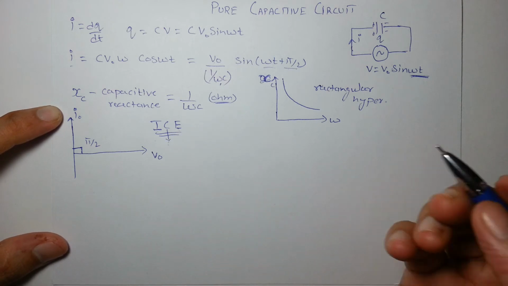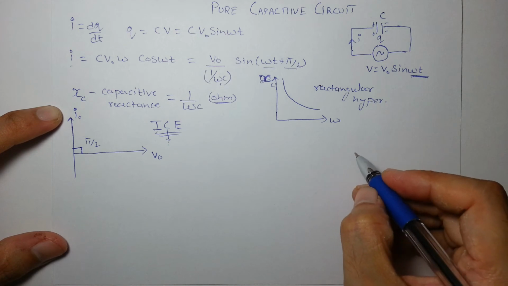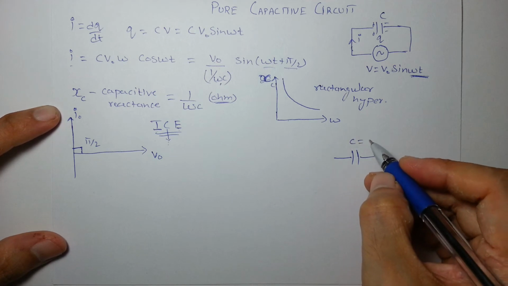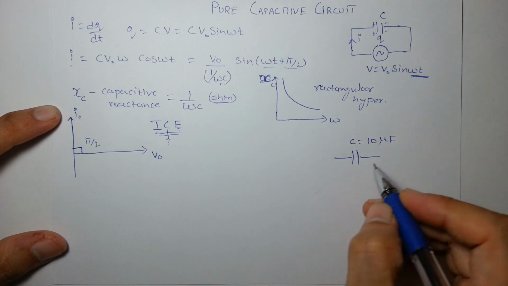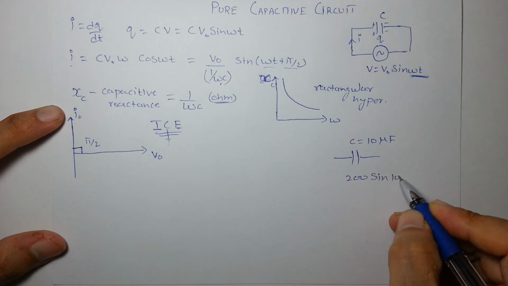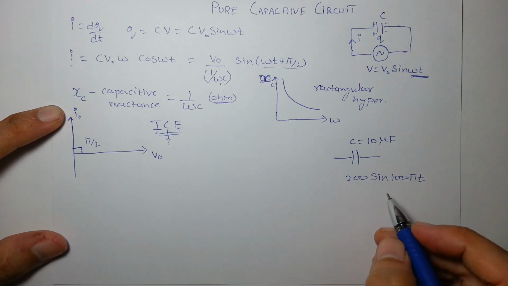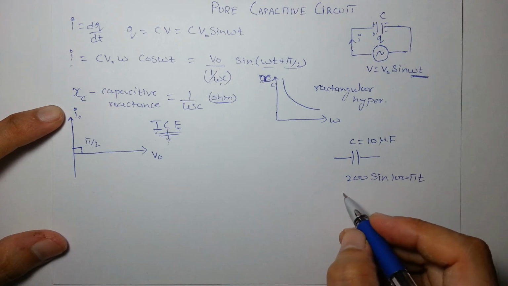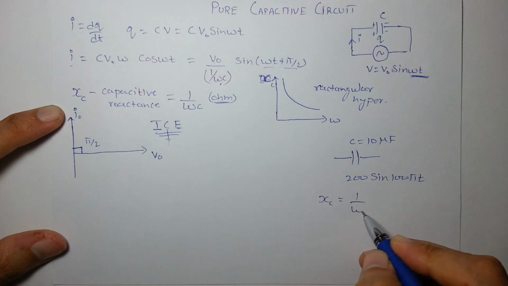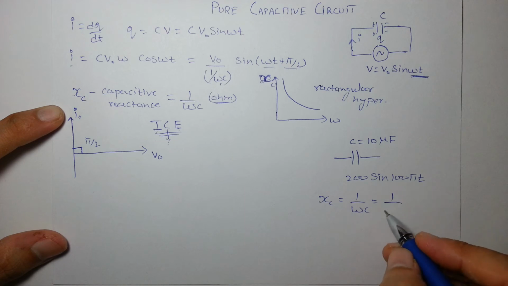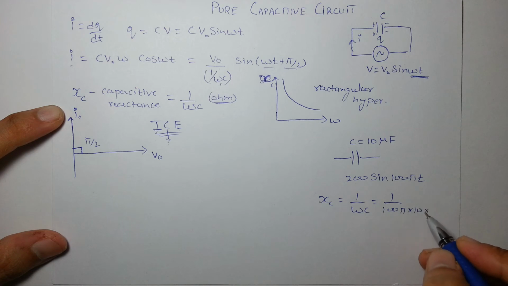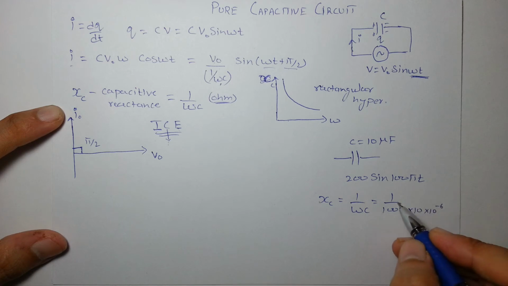अब कुछ क्वेश्चन लिए जा सकते हैं. एक कैपेसिटर है जिसकी कैपेसिटेंस let's say 10 माइक्रोफेराड है और उसके अक्रॉस वोल्टेज आपने लगा दी 200 sin 100 pi t. So first we'll find what XC is. XC is 1 by omega c. omega is 100 pi, and C is 10 micro, 10 to the power minus 6.